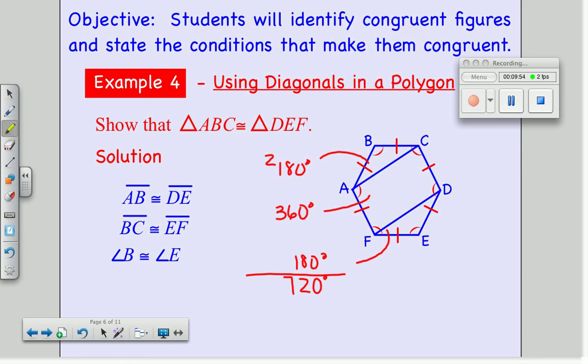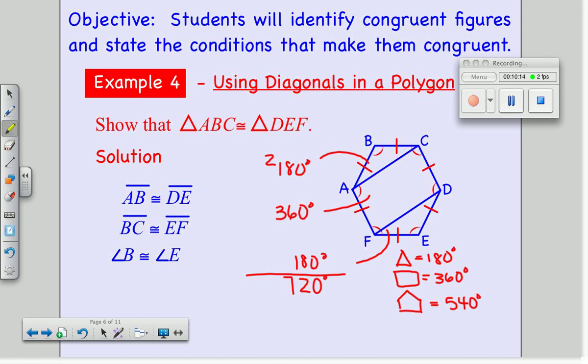So now we know triangles are 180 degrees. We know four-sided figures are 360 degrees. We know five-sided figures are pentagons. As you saw on the last page, 540 degrees.